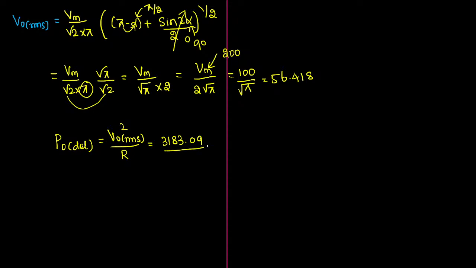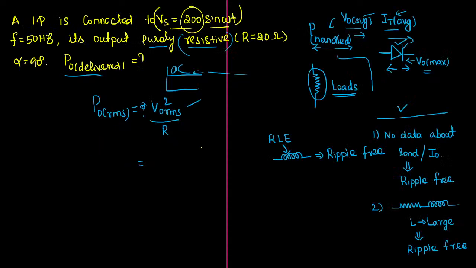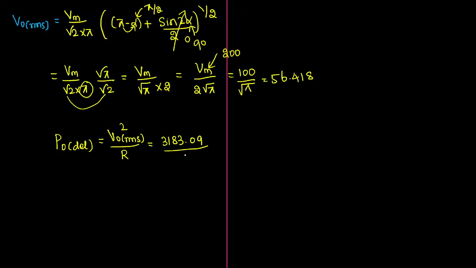This is V naught square divided by the resistor value they have given, which is 20. So just divide this value by 20. You will get 159.154 watts. Yes, you guys are correct. This is the correct answer.